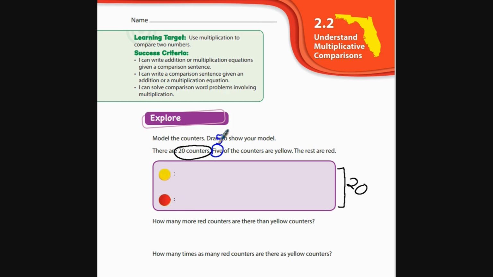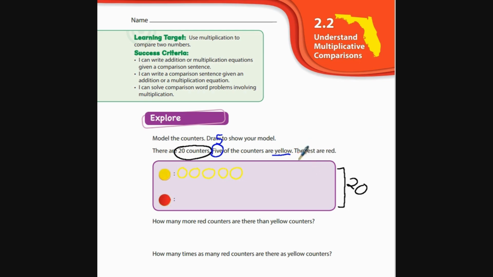So 5 of the counters are yellow. That means I'm going to go to the yellow and draw 1, 2, 3, 4, 5. Exactly what this says. 5 of the counters are yellow. The rest of them are red.